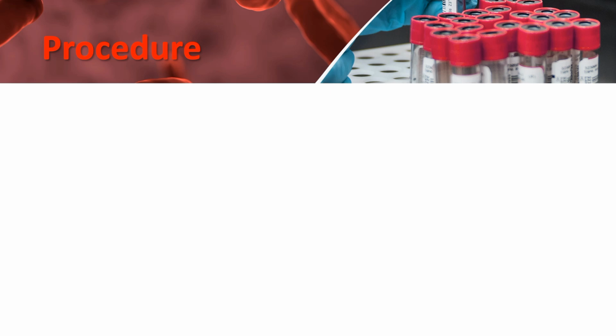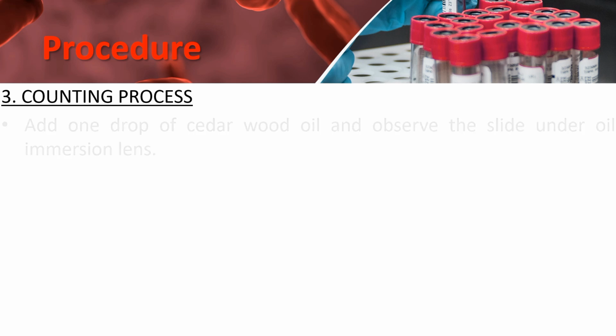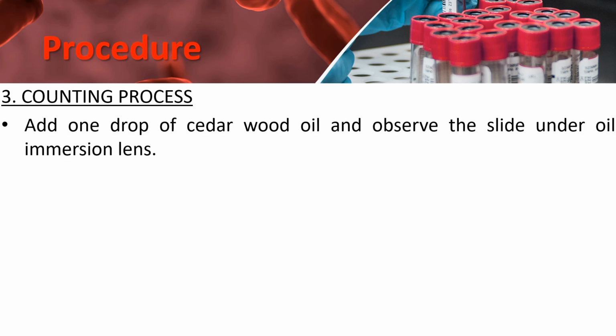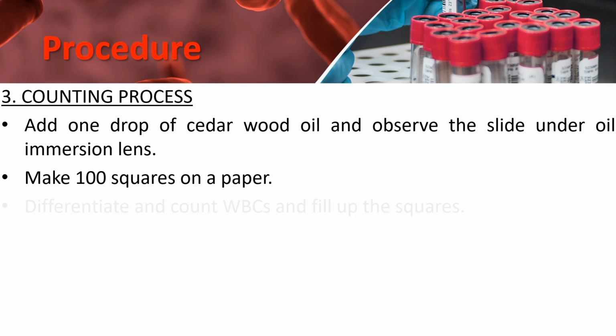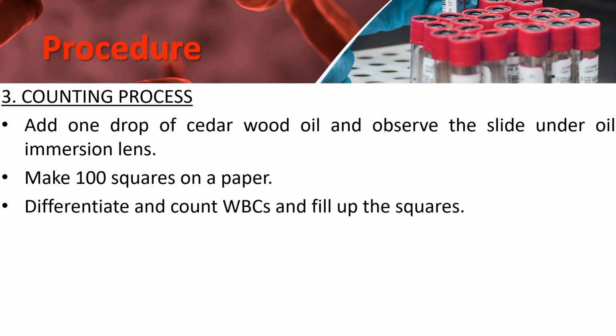The third step is the counting process. Add 1 drop of cedarwood oil and observe the slide under oil immersion lens. Then make 100 squares on a paper. Then differentiate and count white blood cells and fill up the squares.